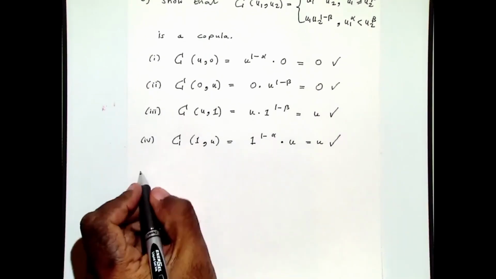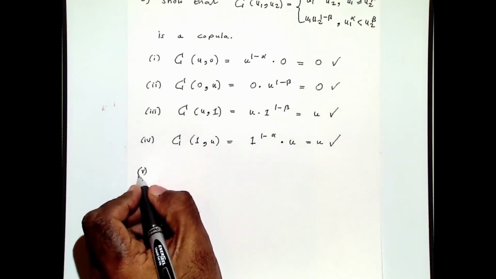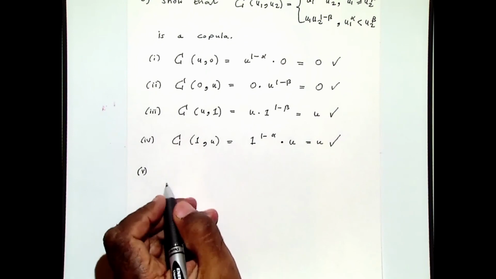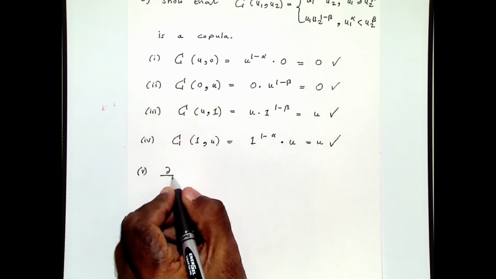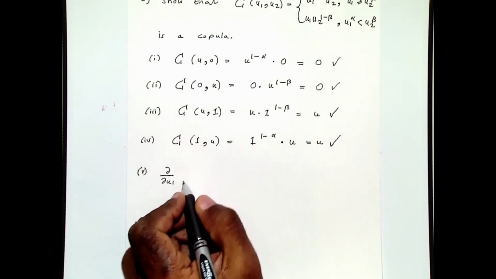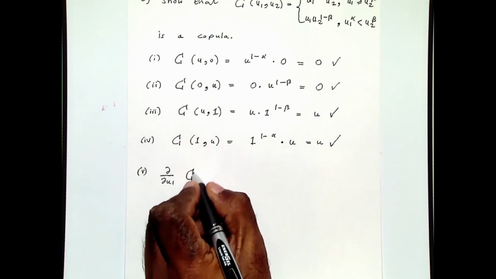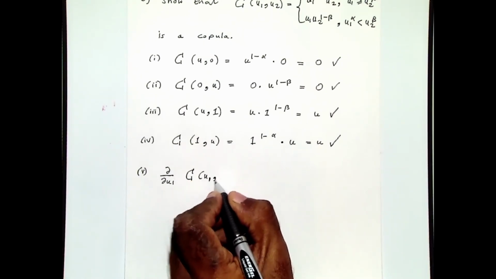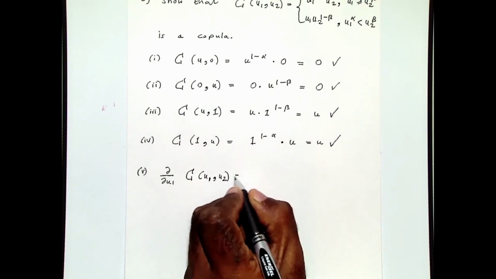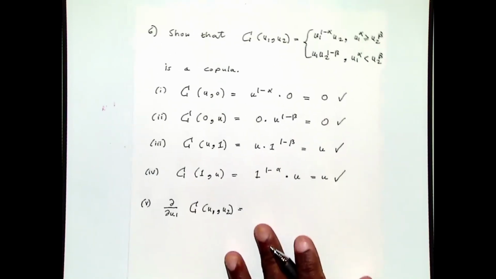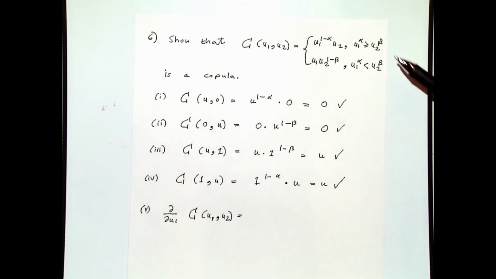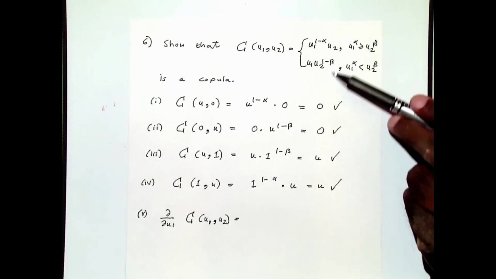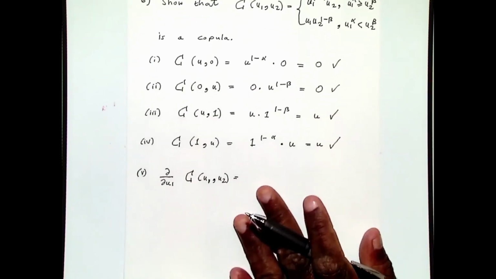And 5, you need to find the partial derivative with respect to u1 of this. So finding the partial derivative amounts to finding the partial derivative of each of these. So that's what I'm going to do now.